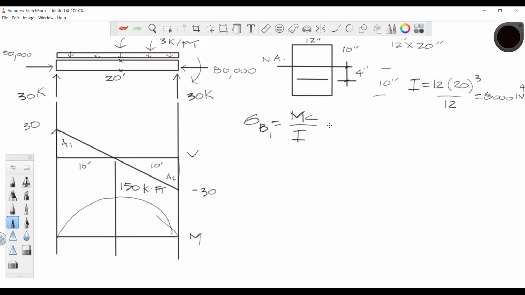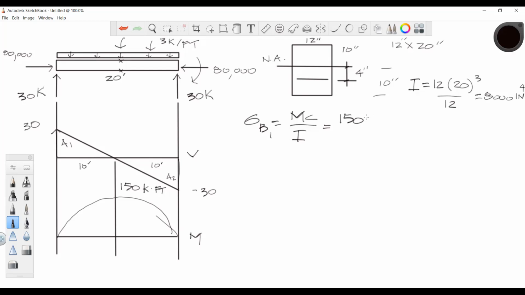So for the bending due to the load, we have 150 kip feet, but we need to convert that to what? You divide it by 12 to make it into inches.